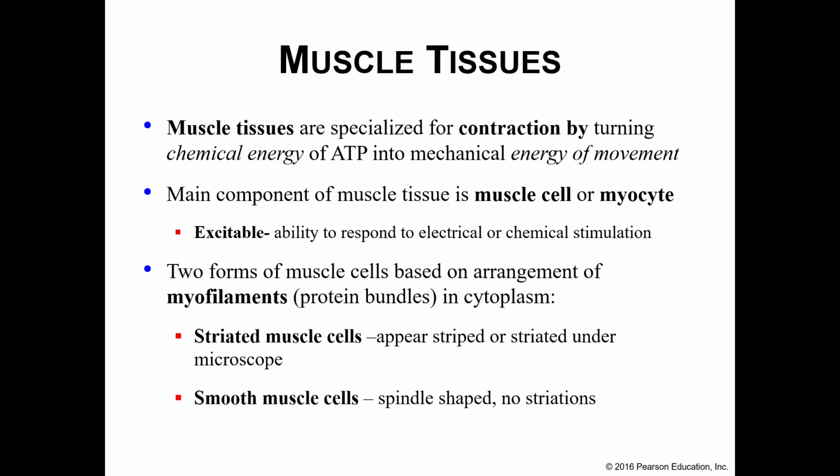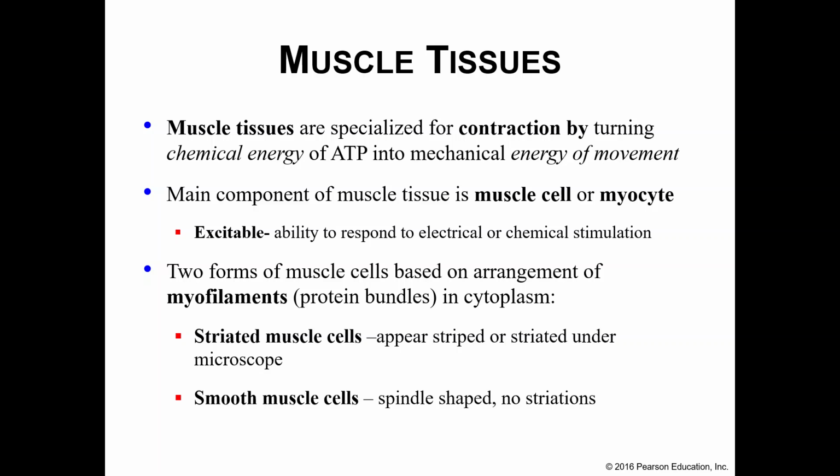You may or may not remember that term, but it means the ability to respond to either electrical or chemical stimulation. We have two main forms of these myocytes, and the difference really lies in the arrangement of the protein bundles, the myofilaments, within the cytoplasm of the myocytes. Our two options are striated or smooth muscle cells.